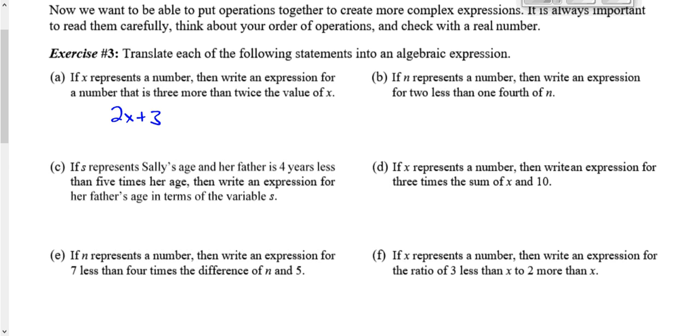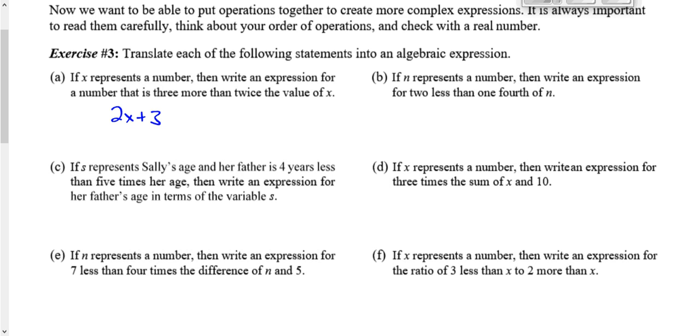How about for B? Anybody have something? What do you got? Say it again? No, not n minus 1/4. Okay, I have it. N minus n over 4 in parentheses minus 2. No, not quite.